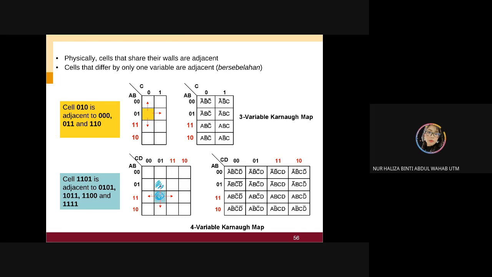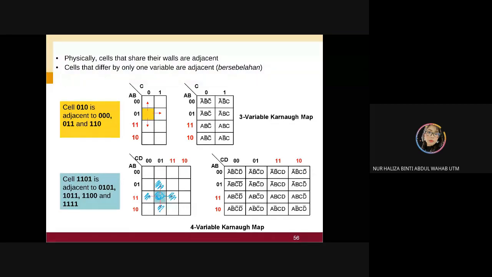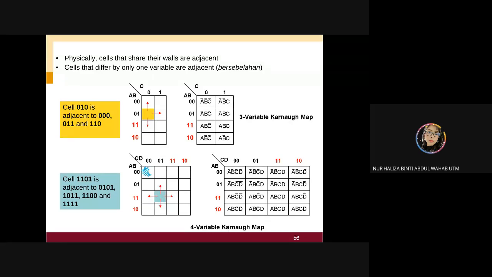This is the adjacent, this is the adjacent, because it is easy for you to see. You're going to pick the upper one, your right side, the lower, and also the left side. But at this side, hujung-hujung ni, which is at the edge, you need to know where the adjacent is. You need to have also upper, lower, right, and left.